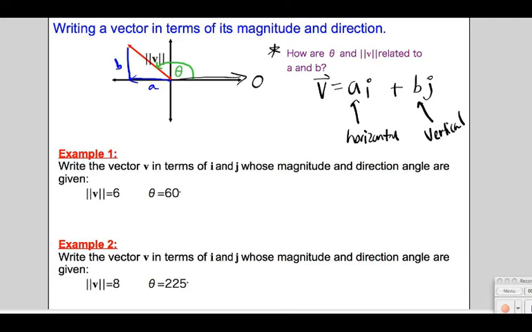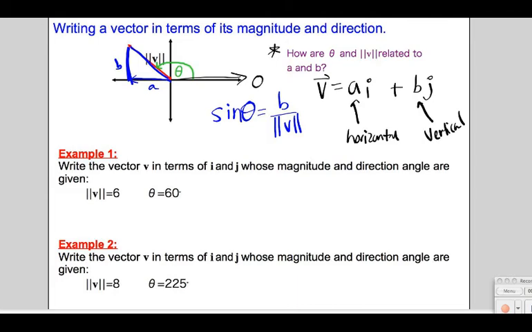And what we already know is that theta is related to a, b, and the magnitude of v, which is the length of that right segment there, by the cosine and sine. So, for instance, the sine of theta is b over the magnitude of v.